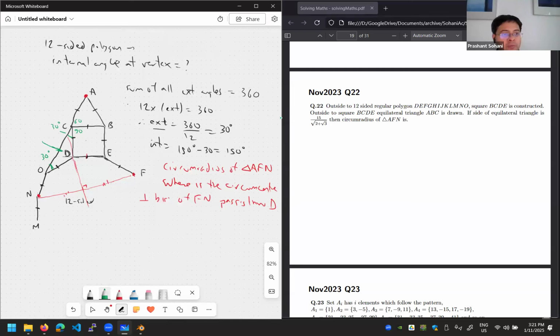So if I draw the perpendicular bisector of AN, it is also going to pass through D. So if two of the perpendicular bisectors pass through D, then that confirms it. We don't have to find the third bisector, we already know that all three bisectors are concurrent. Therefore, D is the circumcenter of triangle AFN.